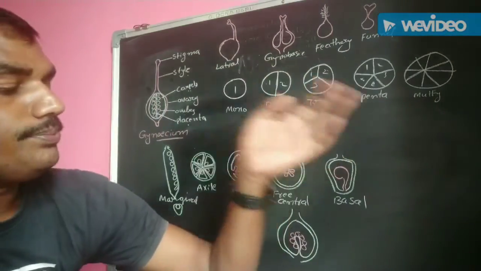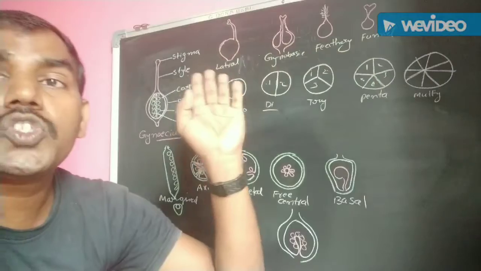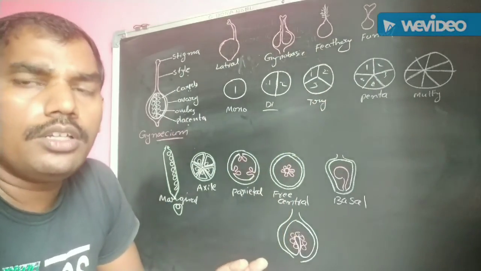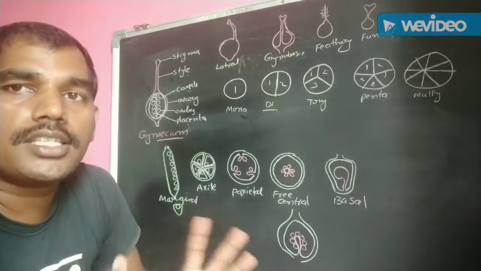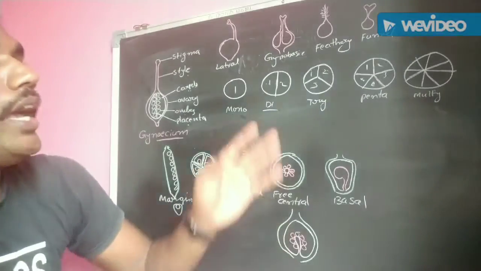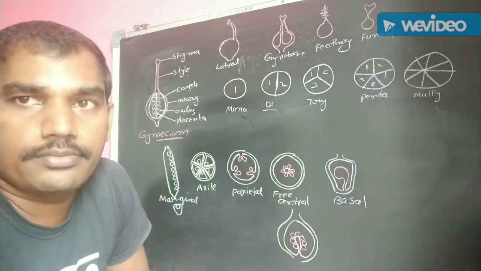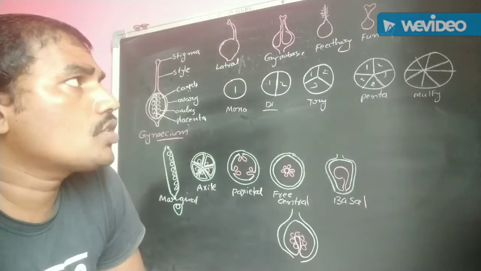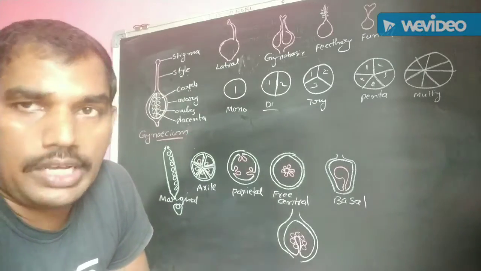Another one, radiate style. In this radiate style, there is a hood-like sessile stigma. This type of hood-like sessile stigma is especially found in Piper. It is also one of the different styles.